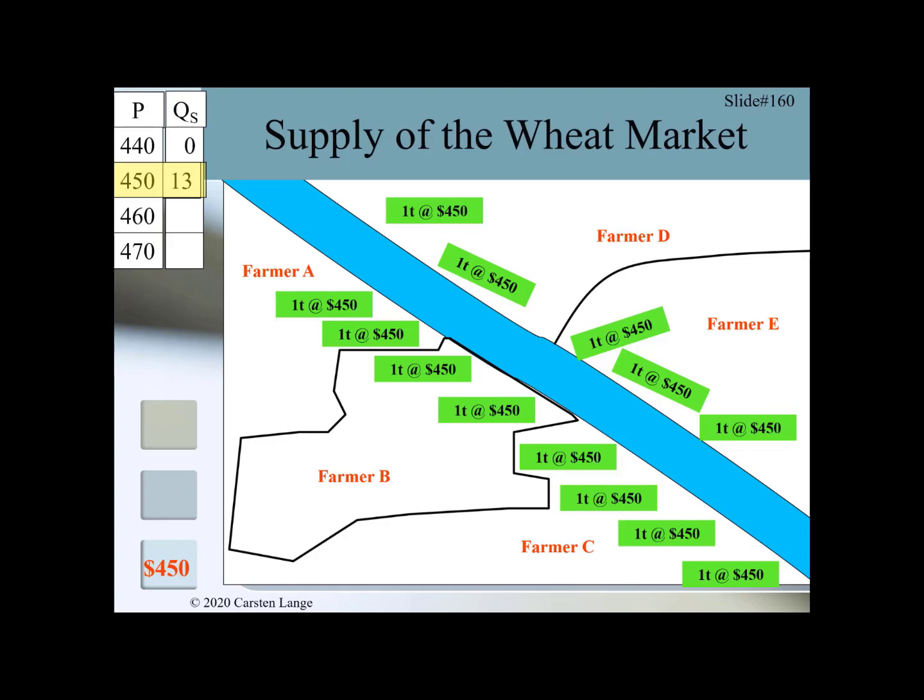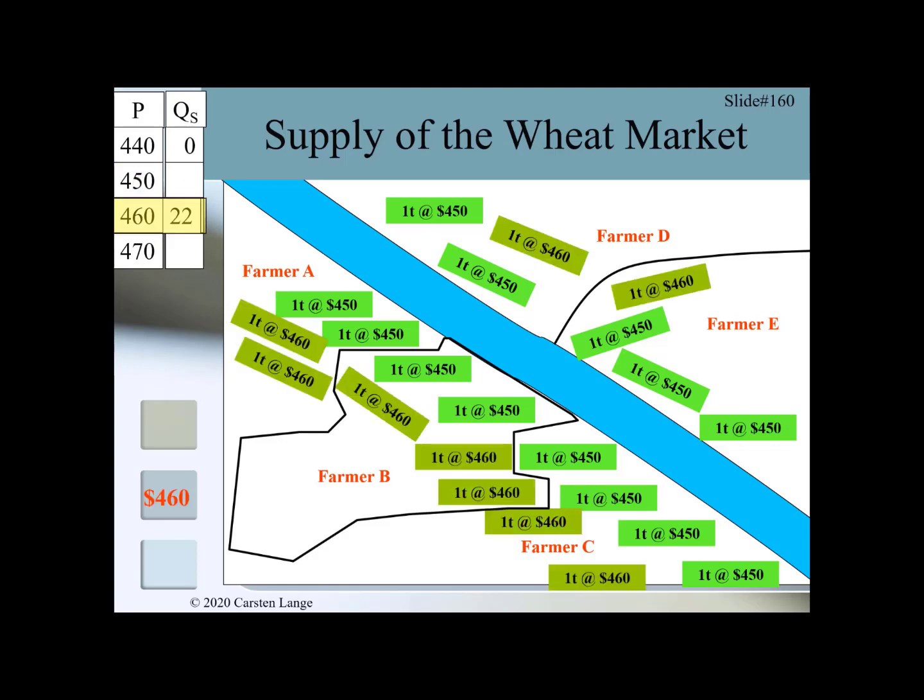If the market price is $460, the farmers in the valley can not only cover their costs on their most fruitful fields, they also can make a profit of $10. Therefore, for sure, they will produce on their most fruitful fields. On the medium fruitful fields, the farmers can at least cover their costs.